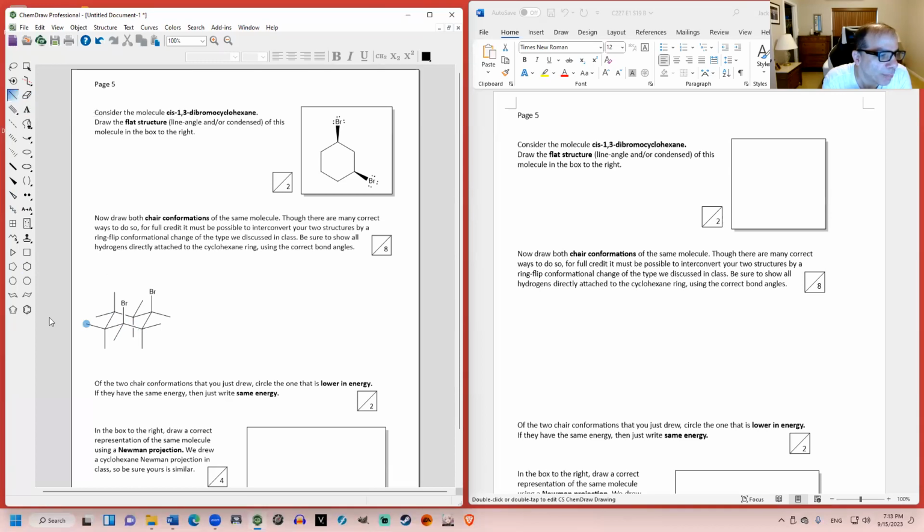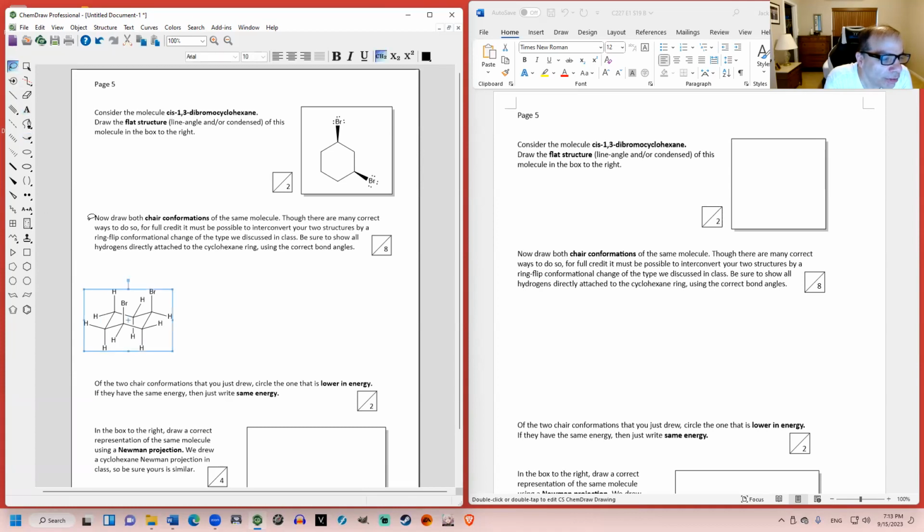Sorry, I just realized something, which is pretty minor. Since the question says, be sure to show all hydrogens directly attached to the cyclohexane ring using the correct bond angles, that's why I'm adding them all. If it didn't say it, I wouldn't have had to do it, but it does say it.